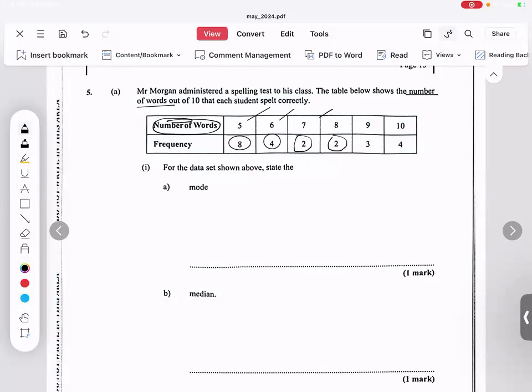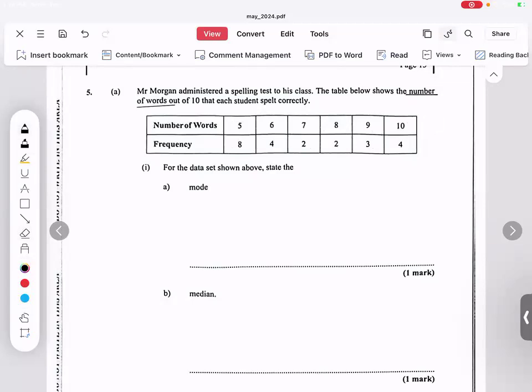Another 2 students spelling 8 words out of 10 correctly. 3 students spelling 9 words out of 10 correctly, and we have 4 students spelling all 10 words correctly. All right. So everybody understand how the table is interpreted? Everybody go through with that?